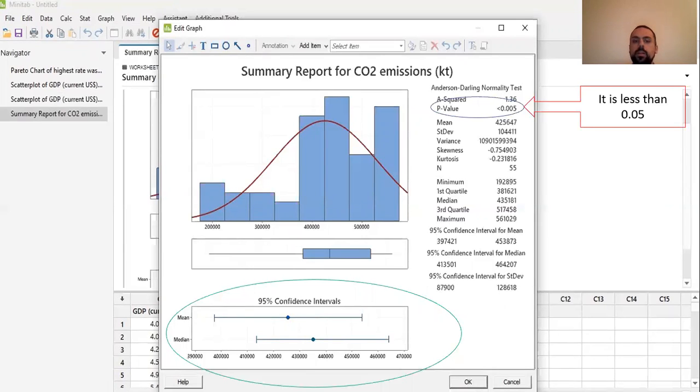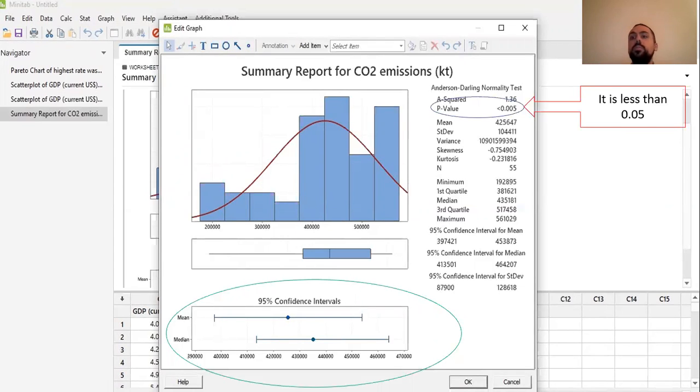So according to this information, although mean and median cover each other, because our p-value is less than 0.05, our data doesn't follow a normal pattern.